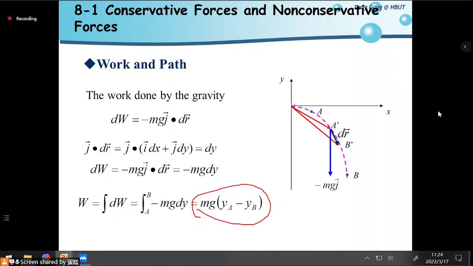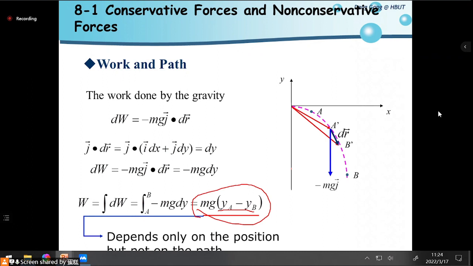It's the same, depending only on the coordinate y, the relative position, but not on the path.